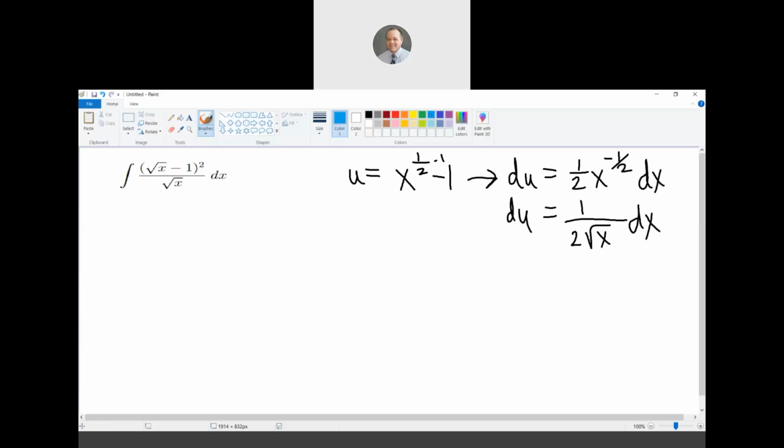And hey, that looks almost like what we can substitute immediately. There's understood to be a 1 here over square root of x, and we almost have that. We need to multiply both sides by 2 to get that 1 over square root of x by itself. So we now have 2 du equal to 1 over square root of x dx.